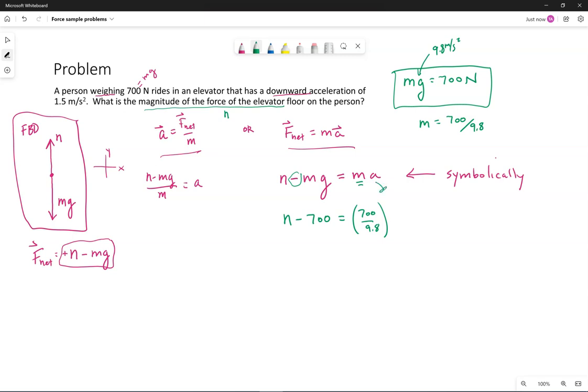Now the other value we need here is the acceleration. The problem has told us that the acceleration is 1.5 meters per second squared, but it also has told us it points downward. So again, same coordinate system, downward's going to be a negative acceleration. So for acceleration, I will be putting in negative 1.5. Well, now we have all the information, and we can go ahead and plug through.